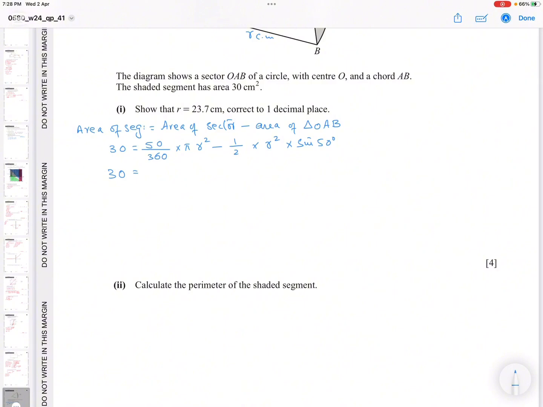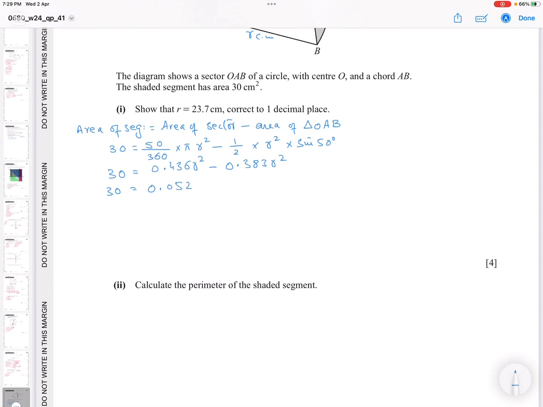If you use these values in the calculator, you get 0.436 r squared minus, now you solve 1 over 2 into sine 50 degrees, you will get 0.383 r squared.